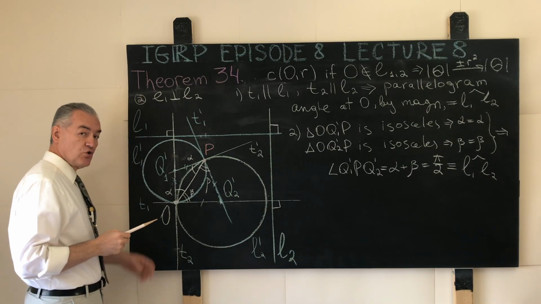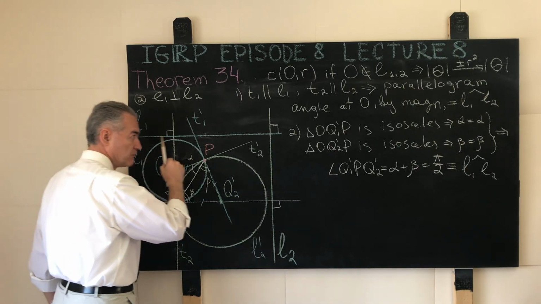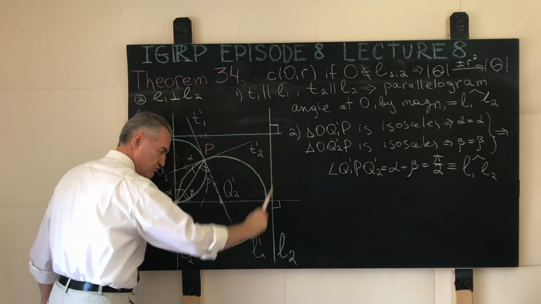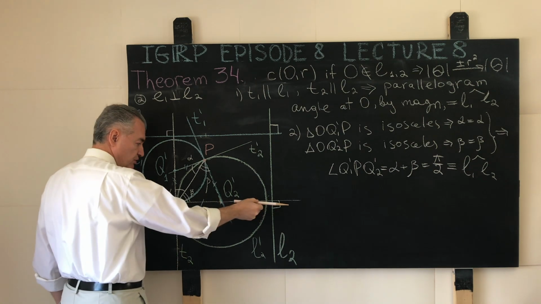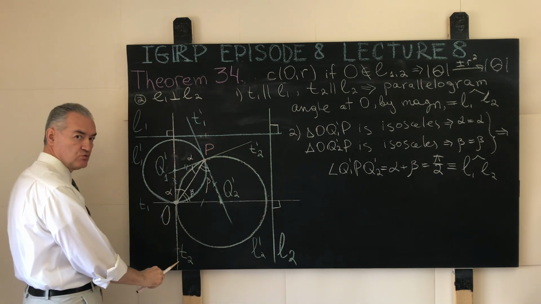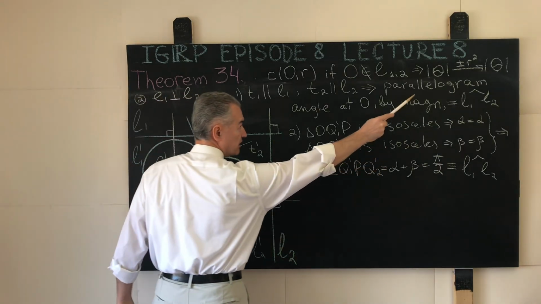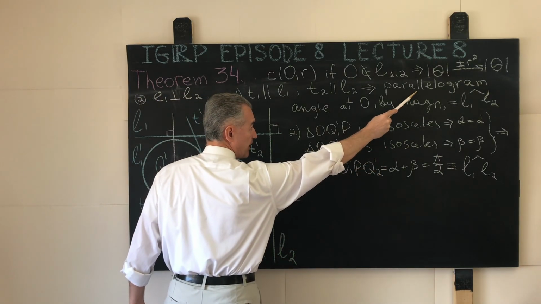Thus, these 4 straight lines, blue L1, green L2, and in some sense they should have been blue T1 and green T2, form what? Exactly, they form a parallelogram.